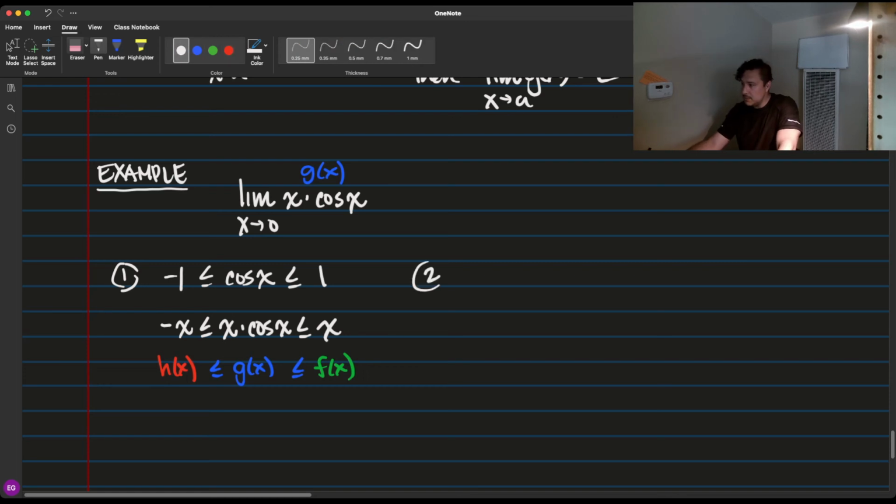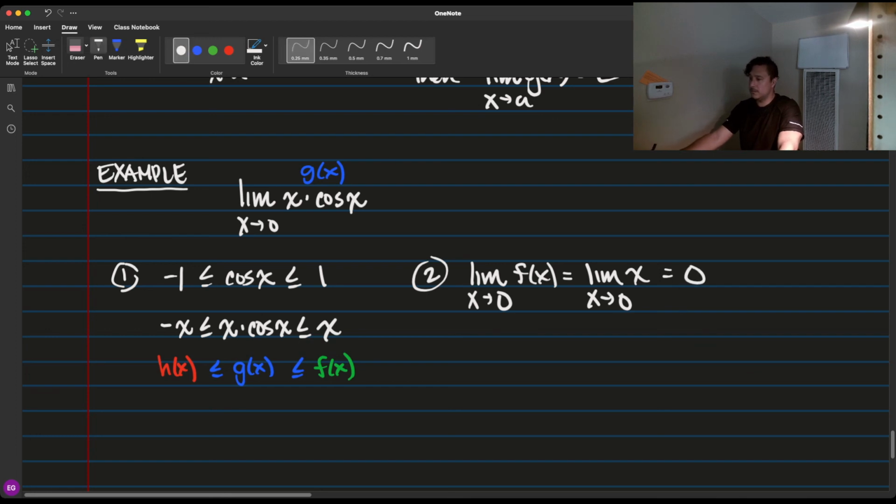So the second step is we need to verify that the limit of the outside functions f and h are the same. So we calculate the limit as x approaches 0 of f of x, which is equal to the limit as x approaches 0 of x, which using direct substitution is just 0.